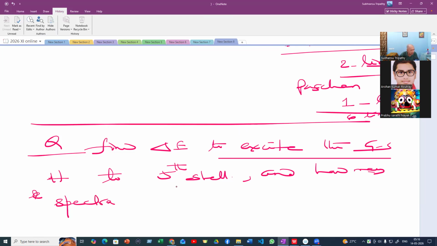Nobody bothers with the absorption spectrum. So how many spectral lines will it produce?